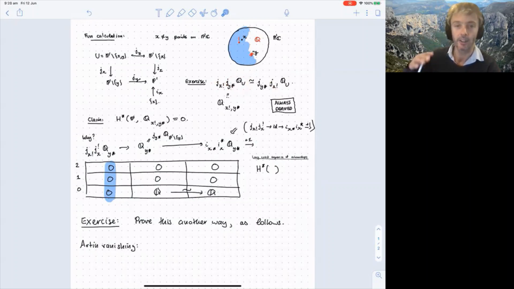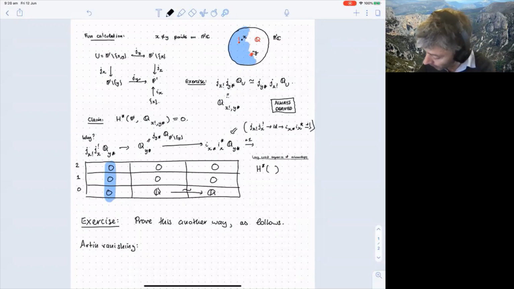And one vanishes above 0 and one vanishes below 0. And so use Artin vanishing to show that H not equal to 0 of this X shriek Y star is 0.